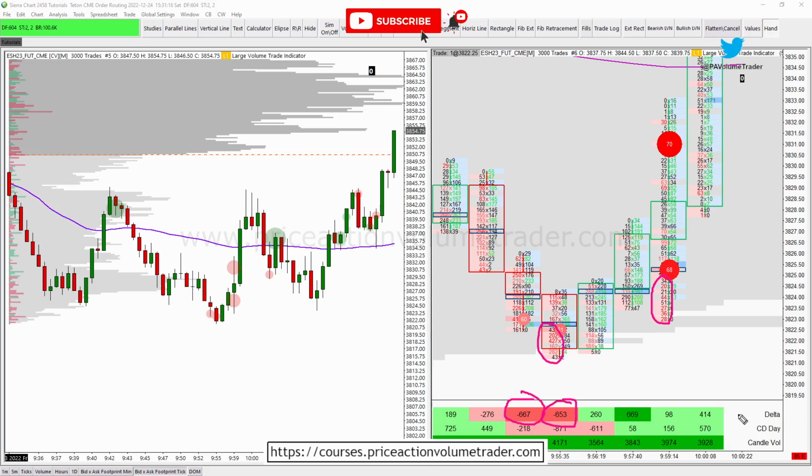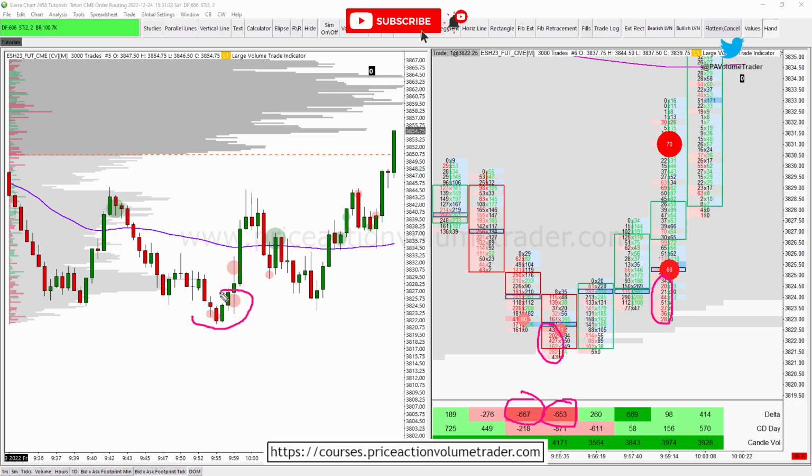Delta again is executed market orders to buy minus executed market orders to sell. So if it's negative, that means there are a lot more aggressive downside momentum traders trying to take this down.